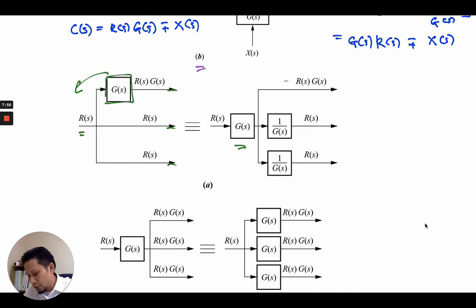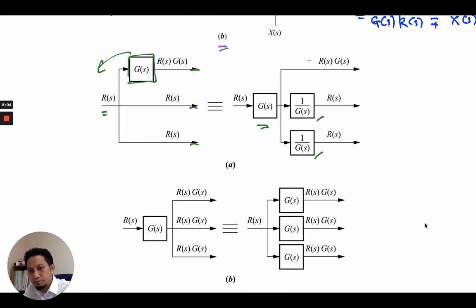We have G(s) over here, and then in the other branches we have 1 over G(s) and 1 over G(s). So let's find the output for this one. Actually, we have over here, yes, the output here is R(s)G(s). So here is R(s), here is R(s).